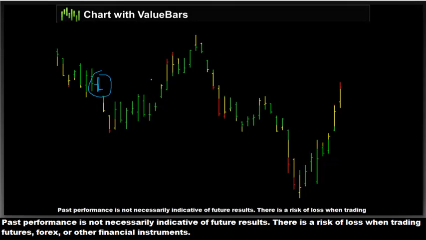Now, the only other difference is this: again, price is very well represented, but on top of the bar itself, you can see it's been color-coded. Like this bar right here, this lower part of the bar is green, so that represents fair value.